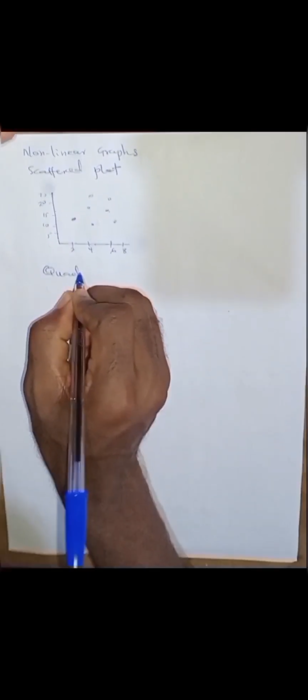Then we have quadratic graphs. In quadratic graphs, you can have a coordinate plane like this. Then after you've plotted the points, you can have a shape like this, like a parabola, where this one passes through the origin O. It's not a straight line. It is non-linear.